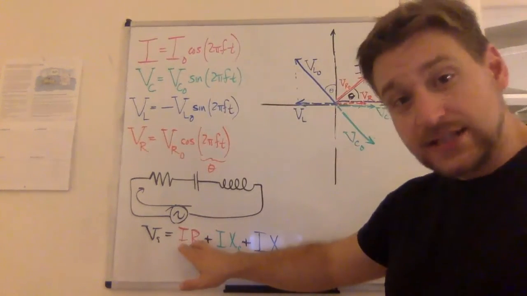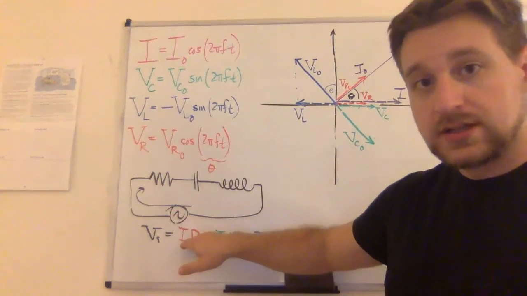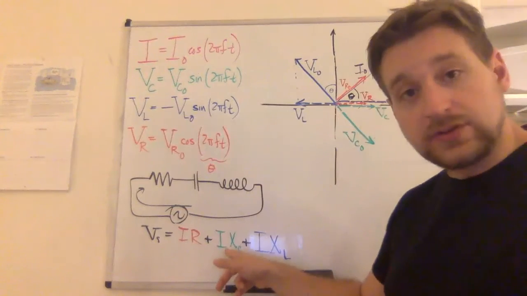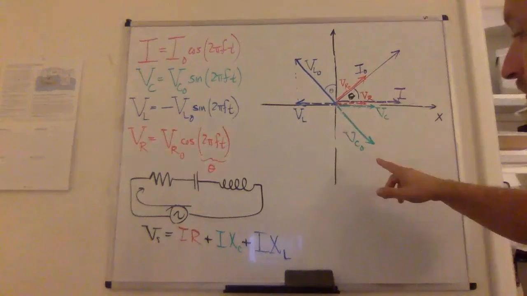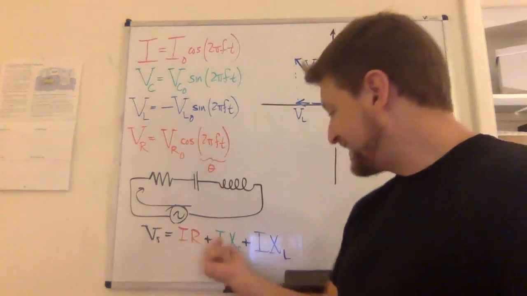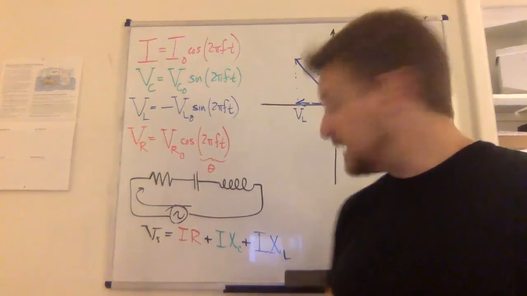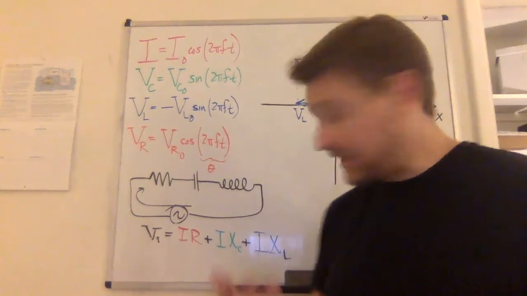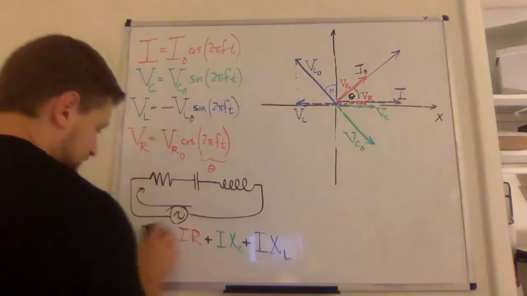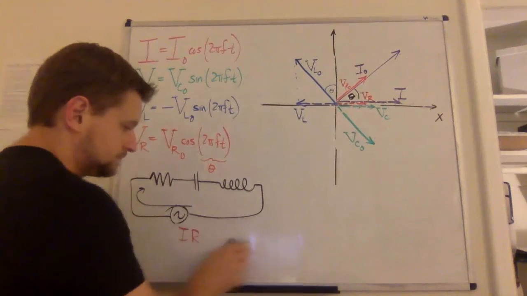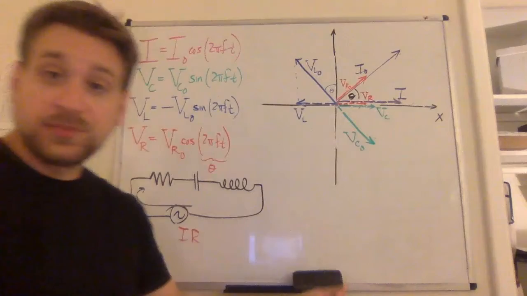But this is the peak or the RMS. But the peak voltage across the resistor doesn't correspond to the peak voltage across the capacitor. They don't happen at the same time. So I can't add them up and call that the instantaneous value of the amplitude of the source. I can't do that because they're out of phase. They don't all happen at the same time. I can't add them all up like that.